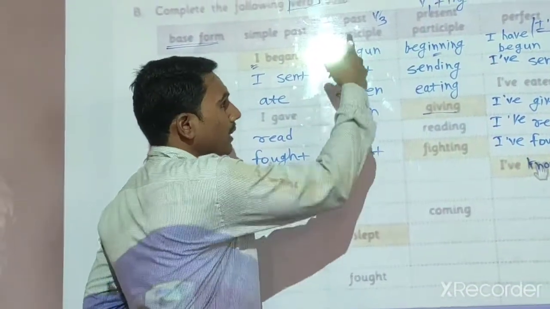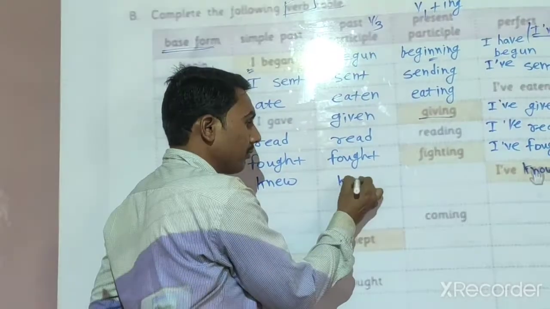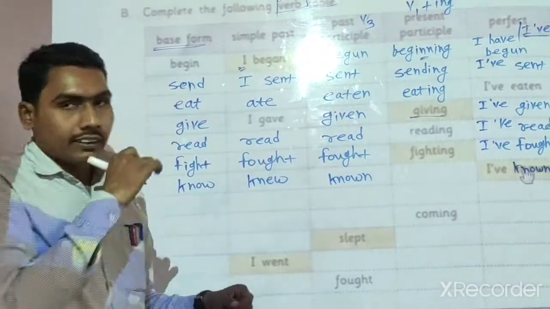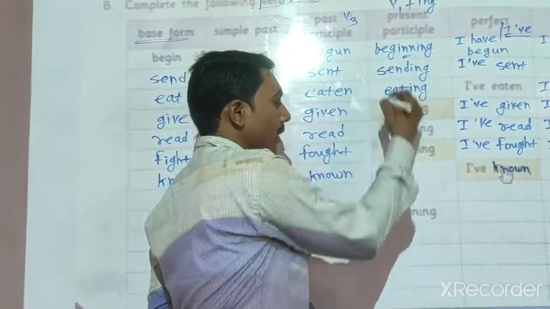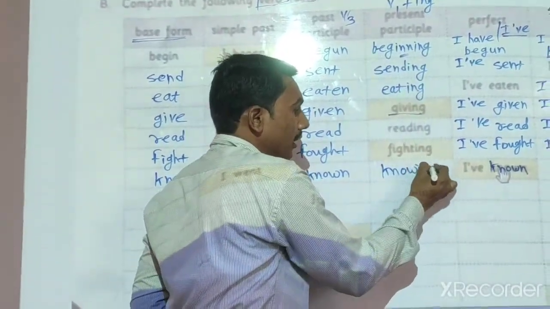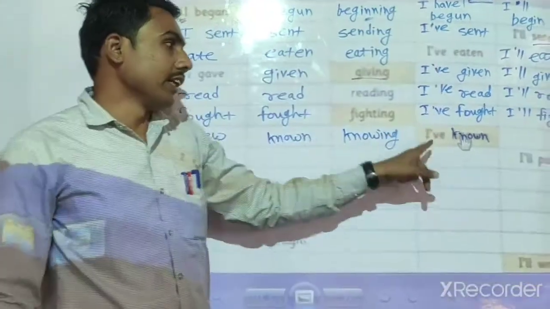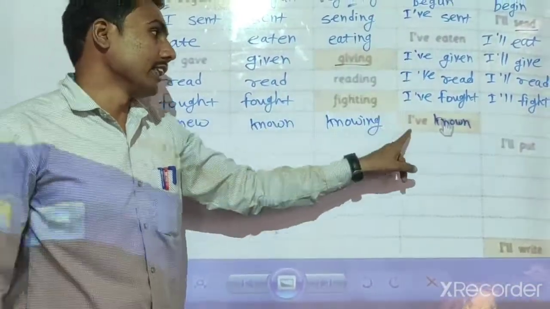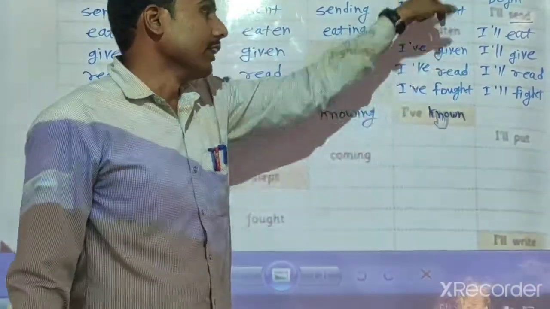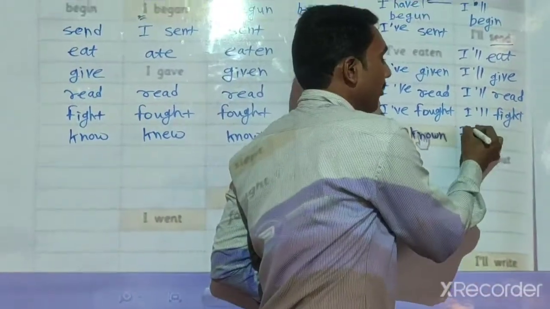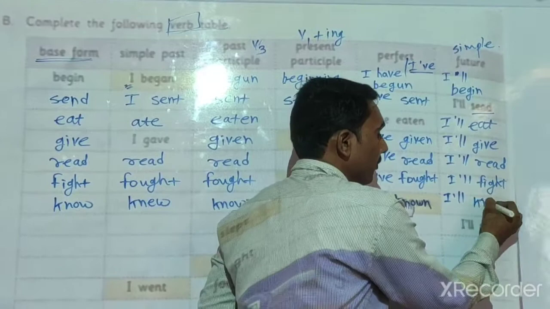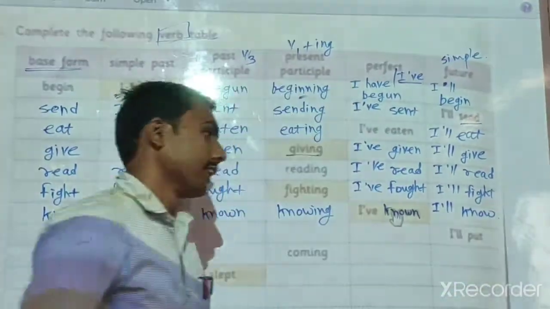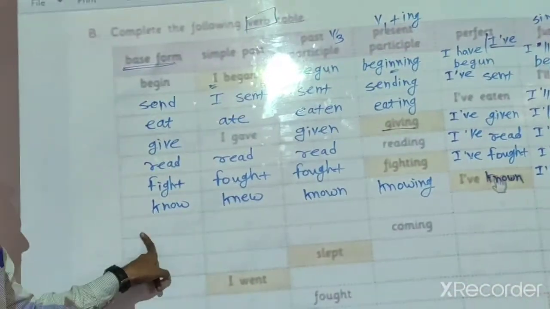Third form of past participle, known. Then knowing. Present participle knowing. Then present perfect tense I have known. And simple future I will or I shall. Okay. Know. K-N-O-W. Know means to know, to have knowledge. Okay. Now the next column.